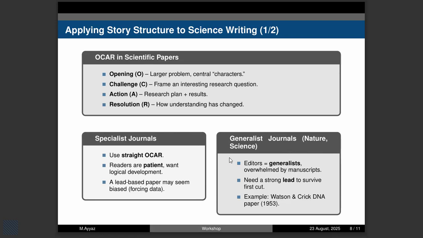Another reason we adopt the ABDCE structure when writing for generalist journals is that the editors are professional editors, not scientists doing side jobs as journal editors. So to hook these editors, we have to adopt a more thought-provoking and more exciting form of our story.